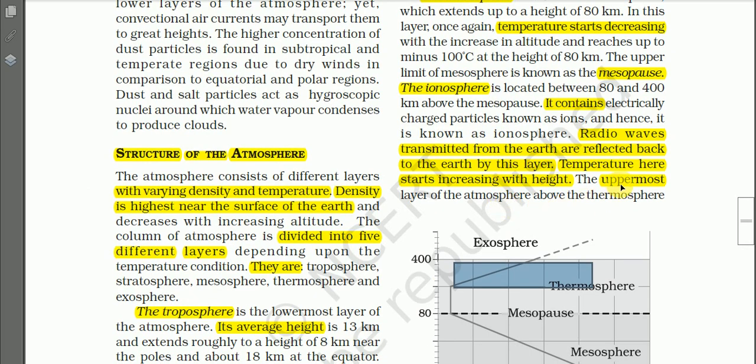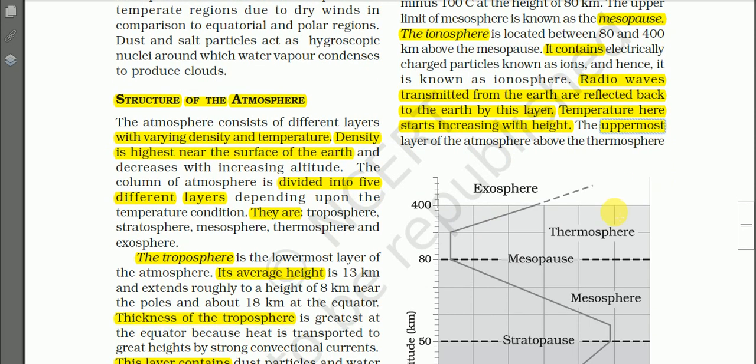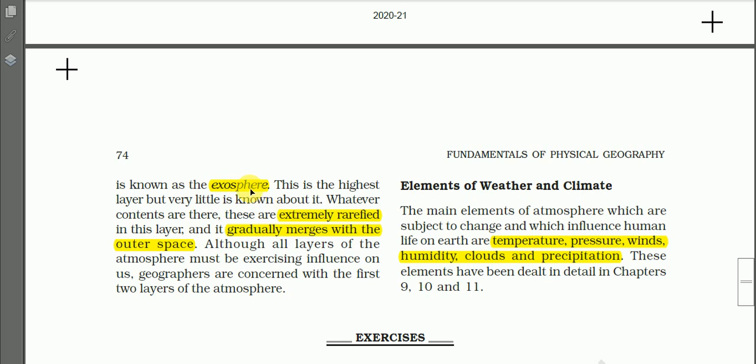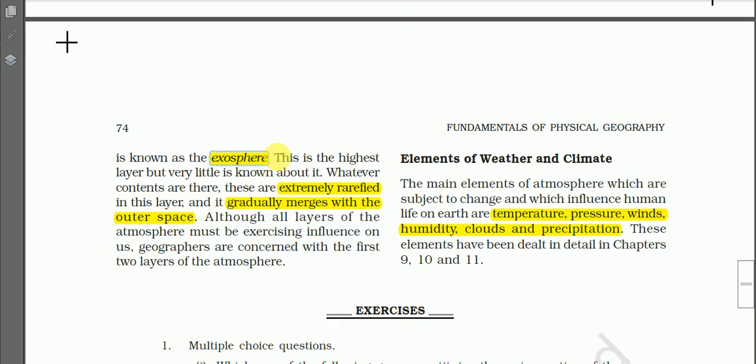The uppermost layer of the atmosphere above the thermosphere is known as the exosphere. This is the outermost and highest layer, but very little is known about it.